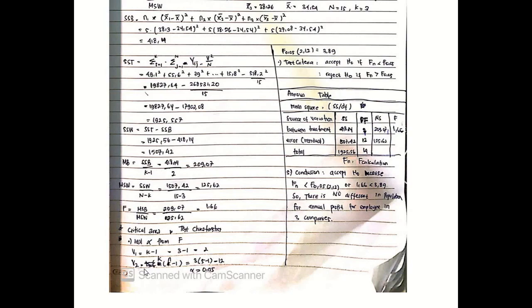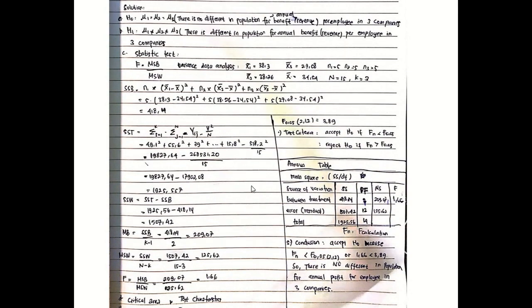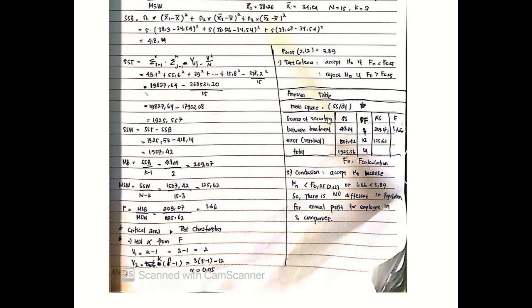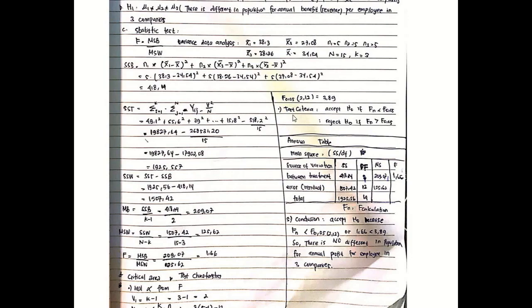So V1 is 2 and V2 is 12, and F 0.05 with 2 and 12 degrees of freedom is 3.89. The test criteria are: accept hypothesis 0 if Fn is less than F 0.05, and reject hypothesis 0 if Fn is bigger than F 0.05.